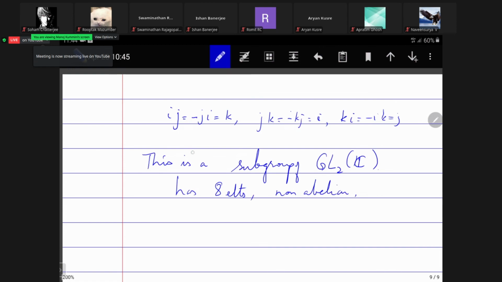And it is not isomorphic to the dihedral group. That requires looking at the orders of the elements i squared, j squared, k squared, etc., and that's how it's proved. But in the interest of time, I will skip all those things.